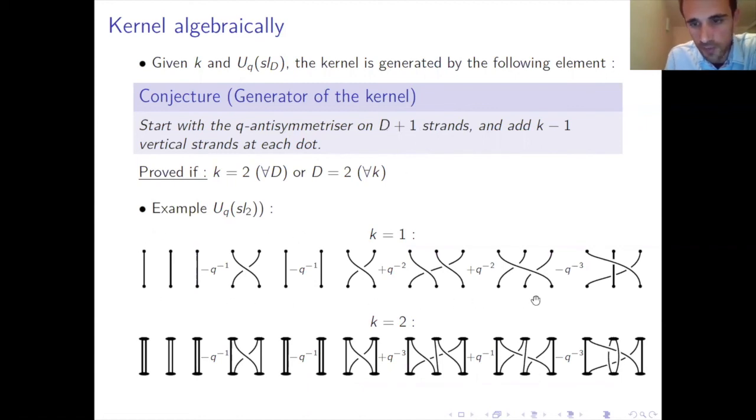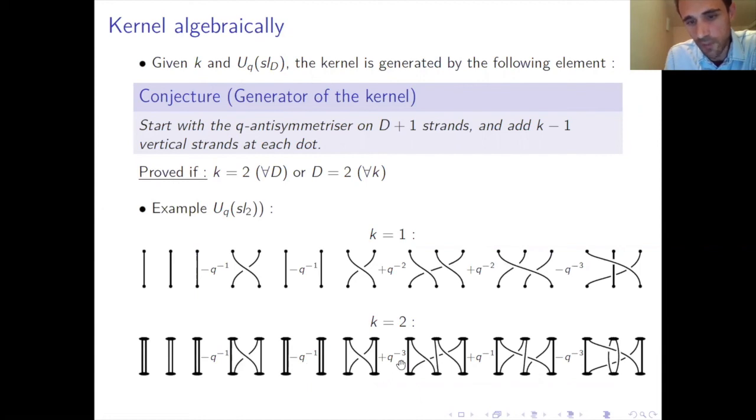Start with this element that we had in the Hecke algebra setting, but of course it's not an element of the fused Hecke algebra. So how to make it an element of the fused Hecke algebra? Well, the simplest way is the following: add vertical strands everywhere. You see from this to this, we just added vertical strands here, here, and here, everywhere, so that in the end, this element is a well-defined element of the fused Hecke algebra.